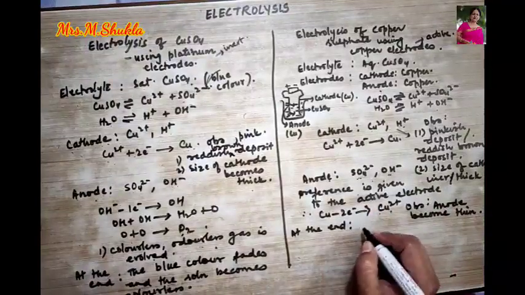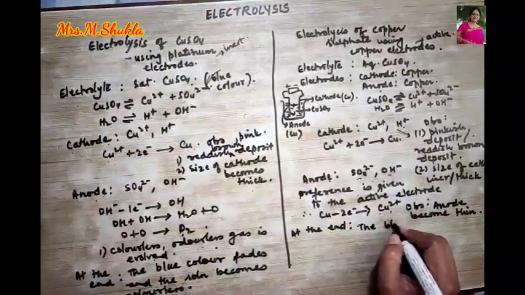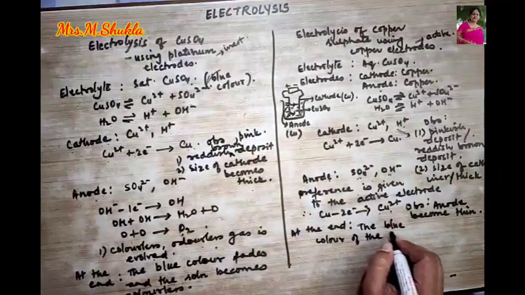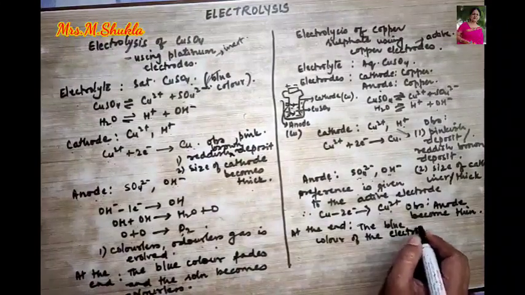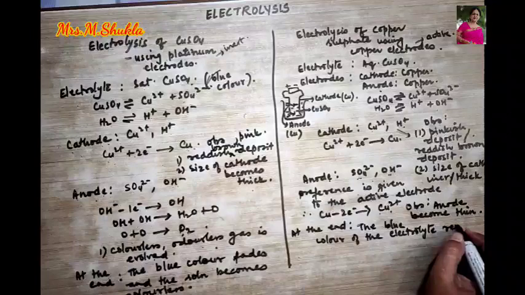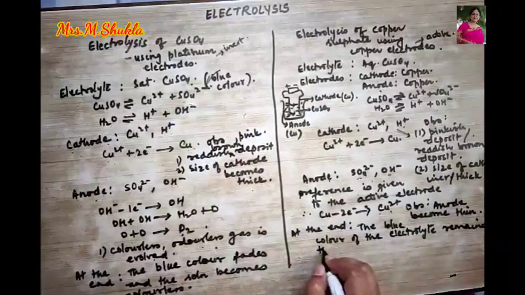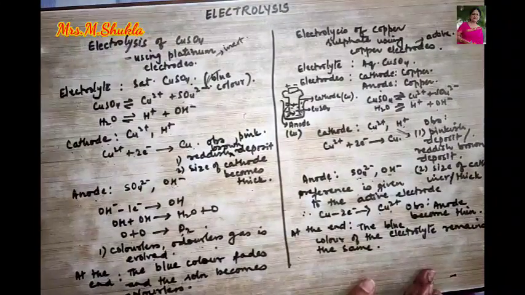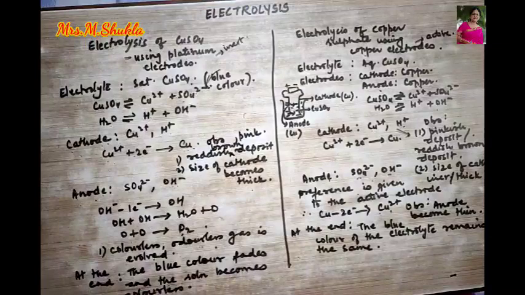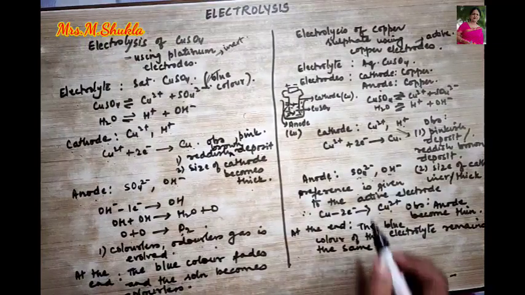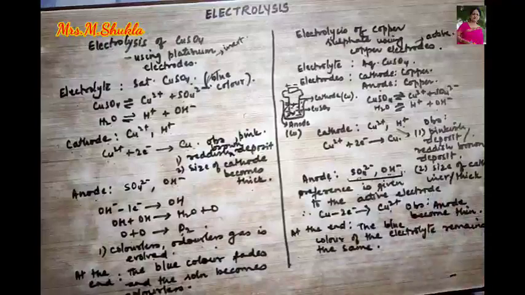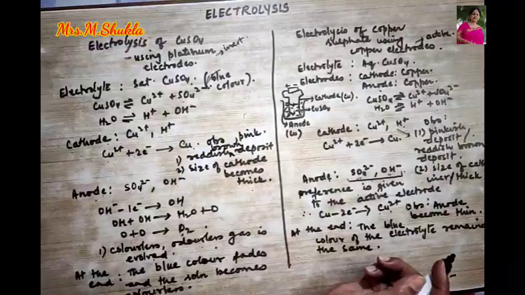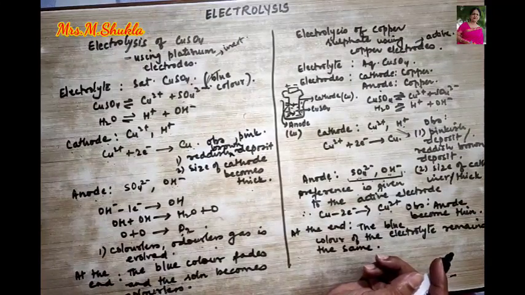Therefore, at the end, what do we observe? The blue color of the electrolyte remains the same, whereas there it had disappeared or become faded. So now what is the work of these two ions then? Sulfate ions and hydroxyl ions, which had moved towards anode to get deposited over there.